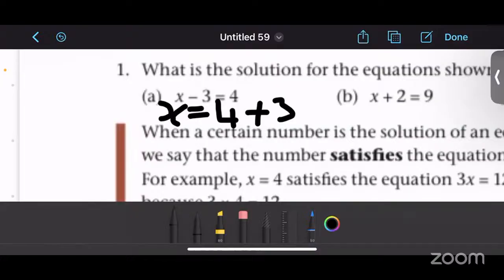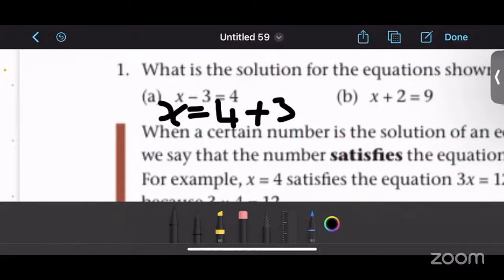So you see there are many reasons behind each and every mathematical decision that we take. That simply shows you that there are many ways to do things. You can do it this way, you can also do it another way, for as long as we get the same outcome, which is the important part, right? So x is equal to 4 plus 3. That means our x is going to be equal to 7 because 4 plus 3 is equal to 7.